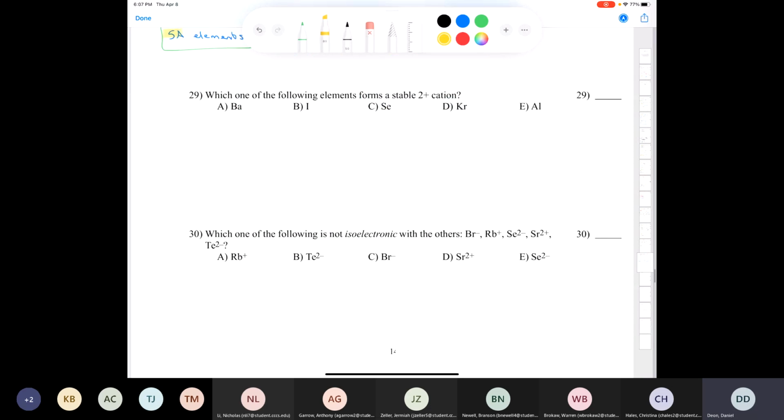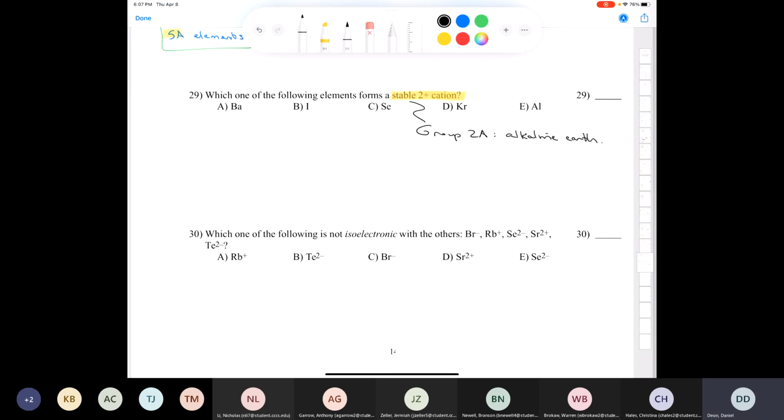Question number 29. Which of the following elements forms a stable 2+ cation? I think that we went over this enough in class that you should know that this element is going to come from group 2A. It's going to be an alkaline earth. Alkaline earths, when they lose 2 electrons, they become isoelectronic with a noble gas. What are the elements that are alkaline earths?